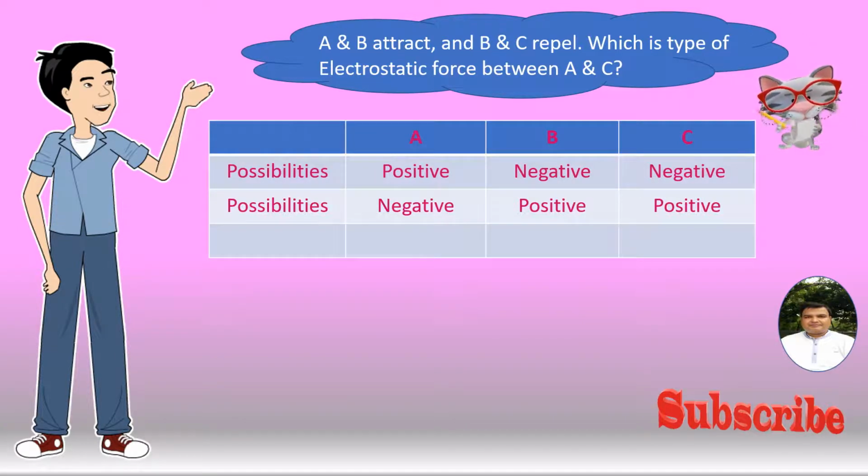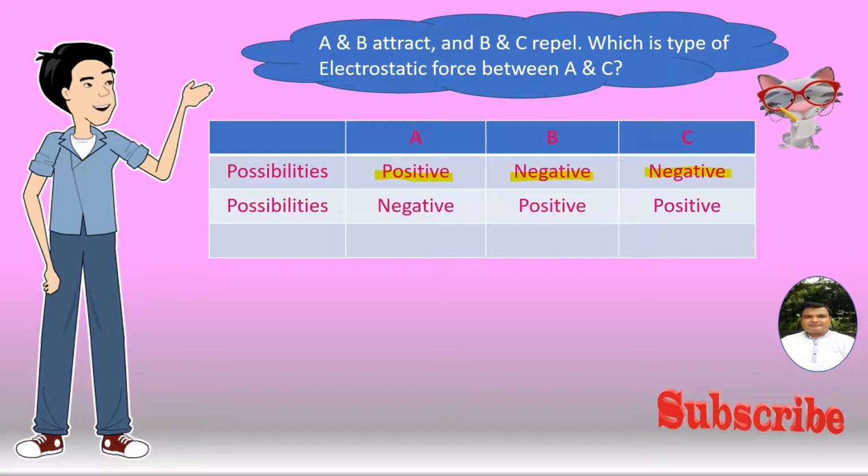A and B attract. First possibility, A is positively charged. Because A and B attract, B should be negative, is it? But B and C are repelling. If B is negative, C should also be negative, right?